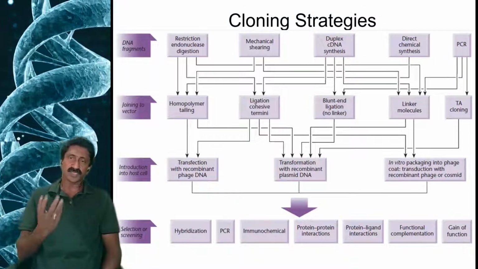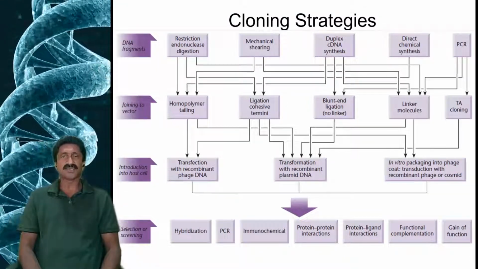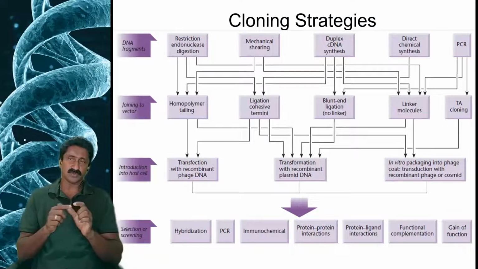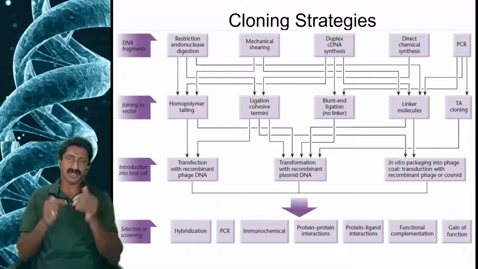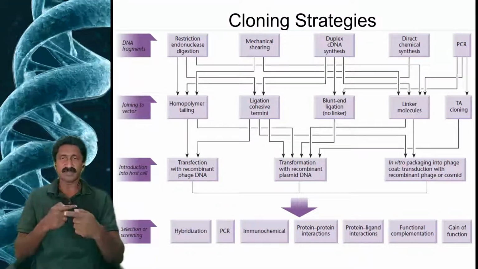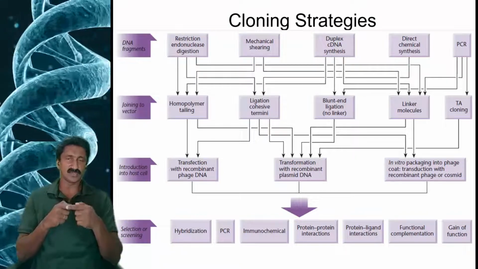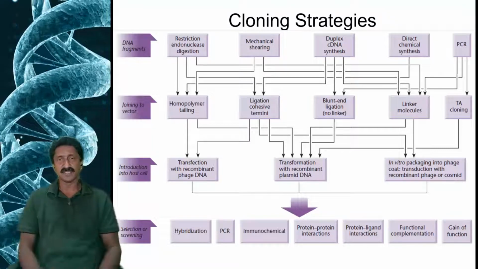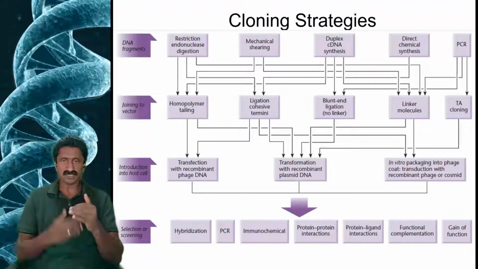So homopolymer tailing is one of the methods in which poly A or poly T or some such specific nucleotide sequences are added at the ends of the DNA fragments to be joined, and the complementarity between the polymer tails at the ends of the fragments is used for specific joining.